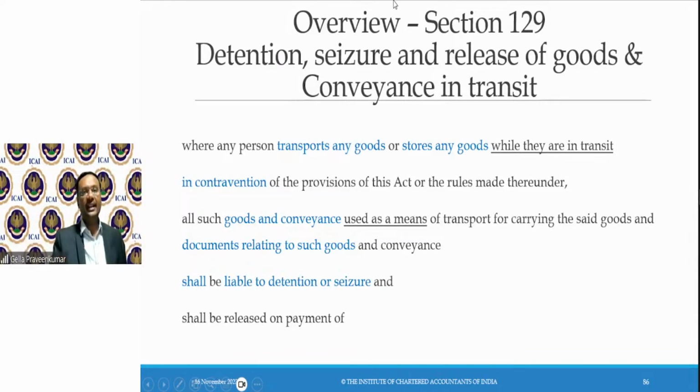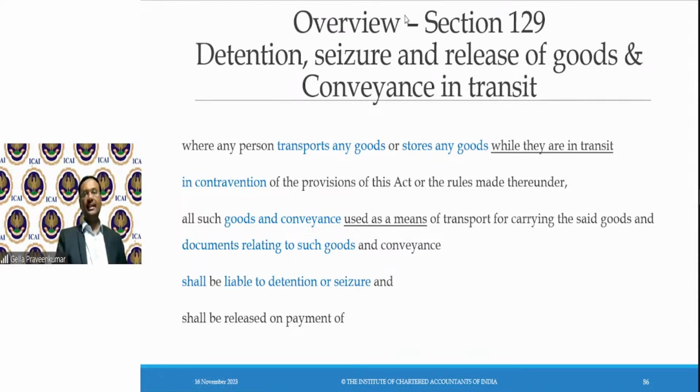Overview of section 129. Section 129 is where I was telling it is a rigorous GST provision. It talks about detention, seizure, release of goods in transit.